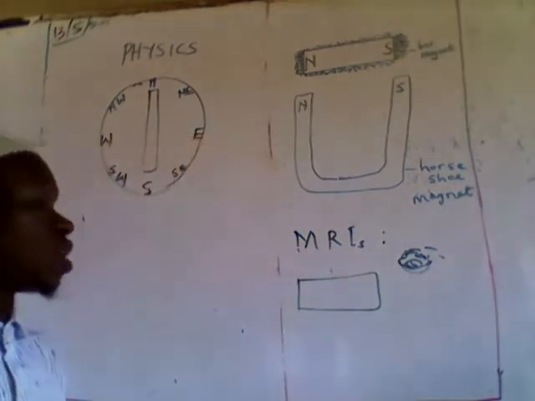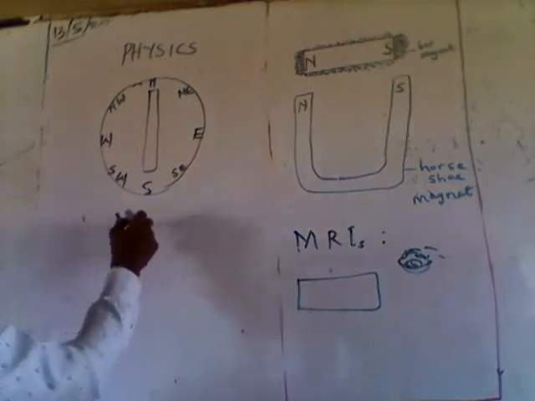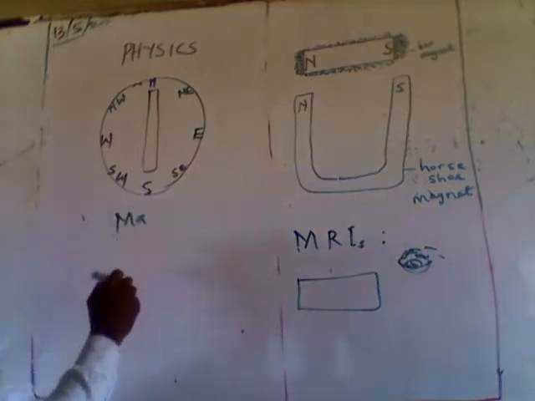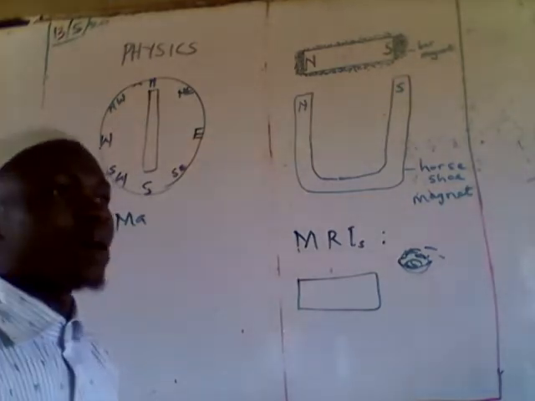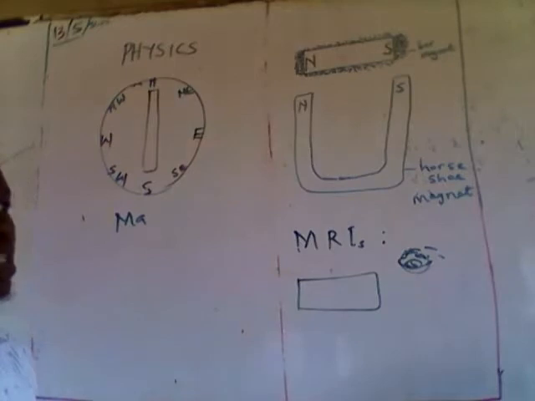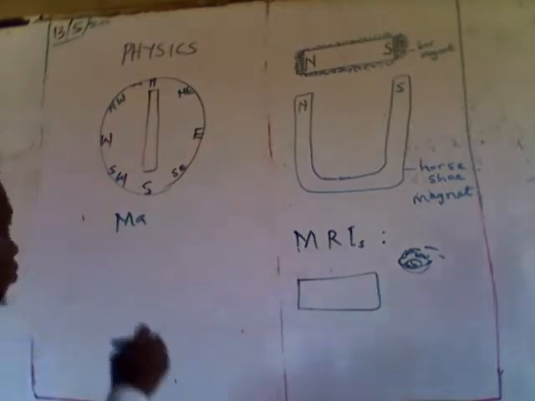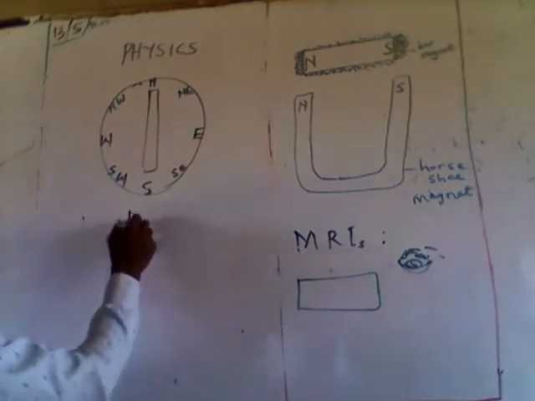So also, as for magnets, we have some materials that are naturally magnets, while some are artificial magnets. If a material possesses magnetism without any method of magnetization, we say that the material is a natural magnet.